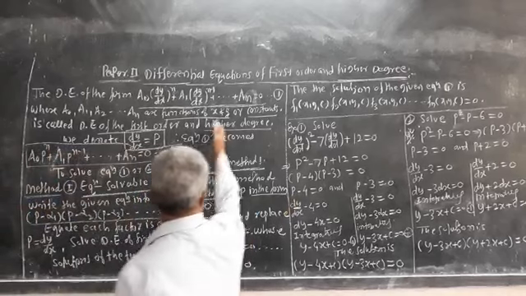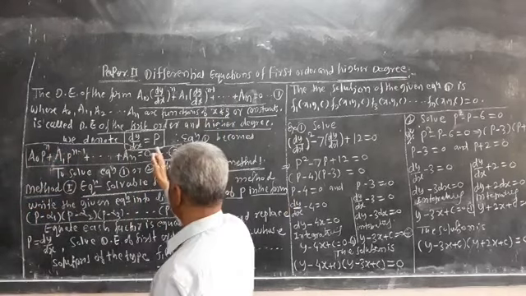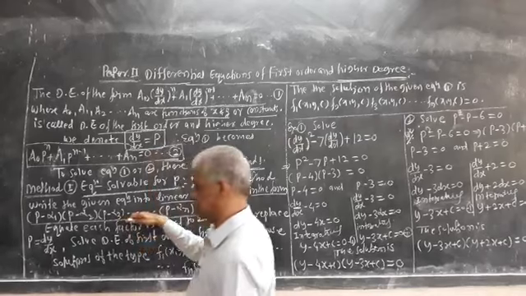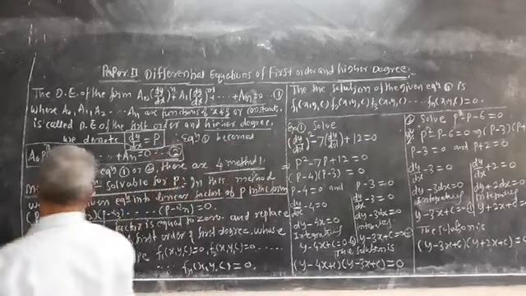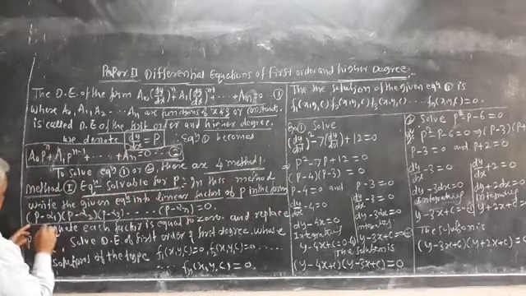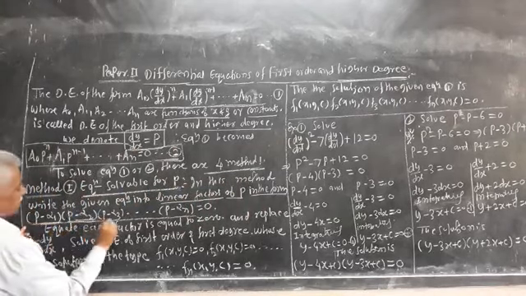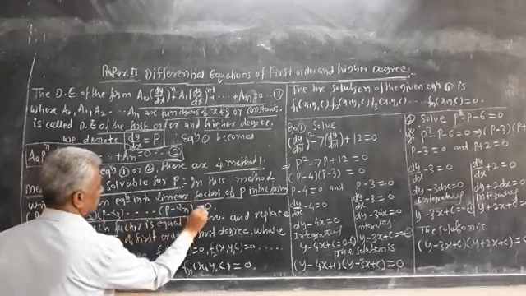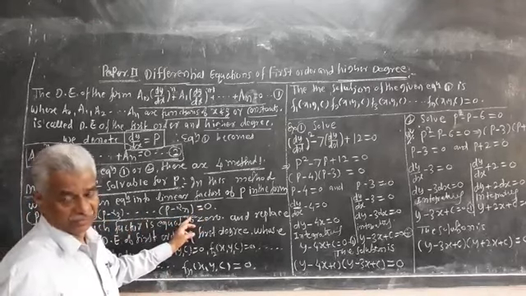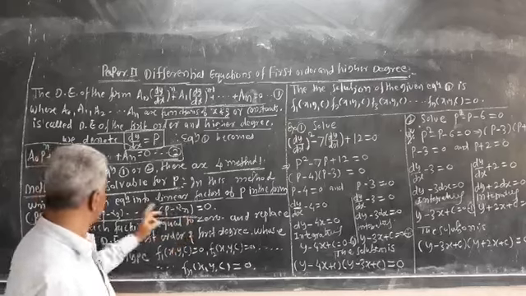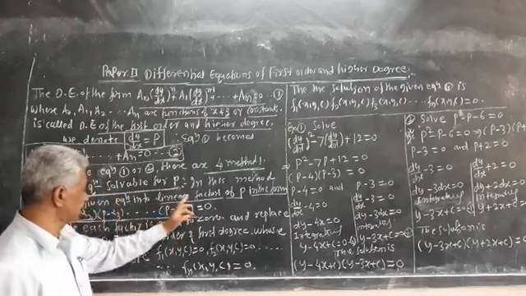Hence either equation 1 or equation 2 we have to write as the product of linear factors of p, as the first step.